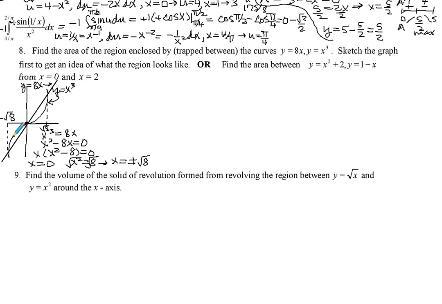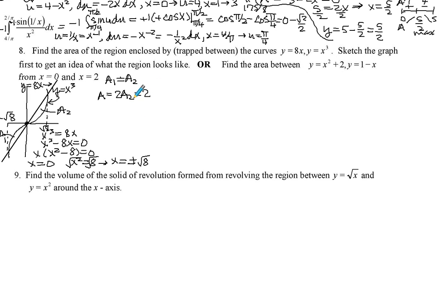So if we call this area 1 and this guy area 2, then we know that area 1 equals area 2, and so our total area here is going to equal 2 times area 2. So we'll just find 2 times area 2.